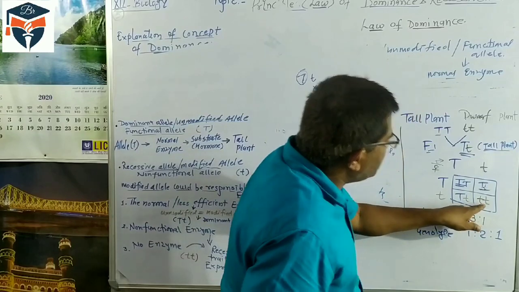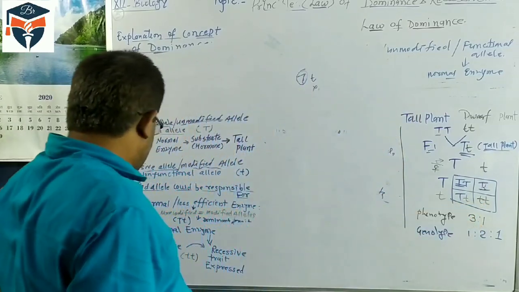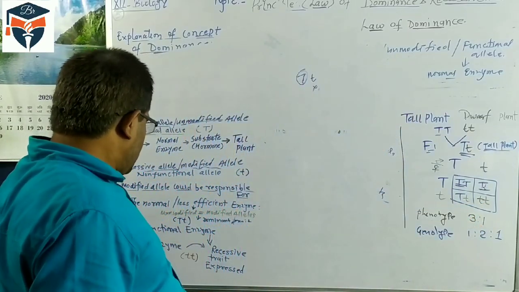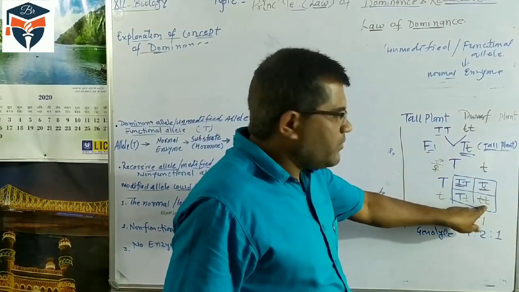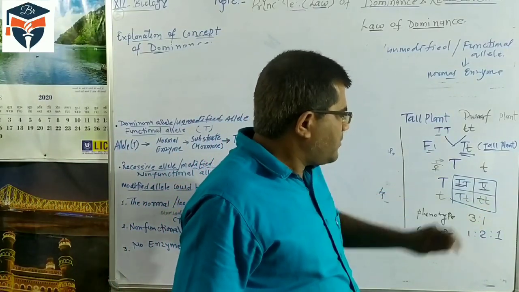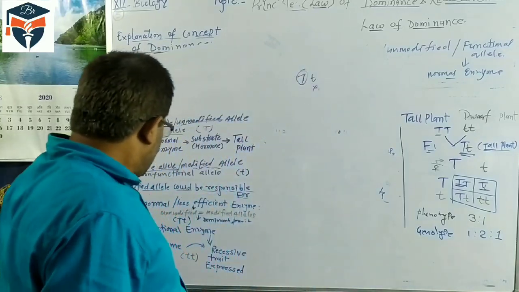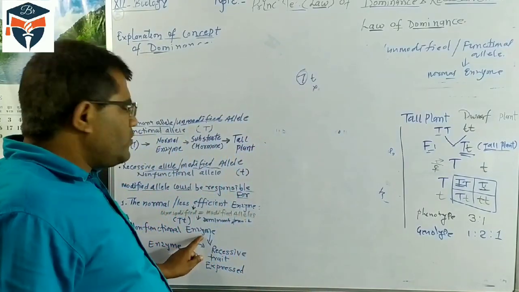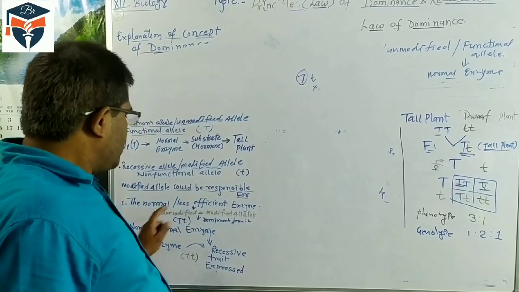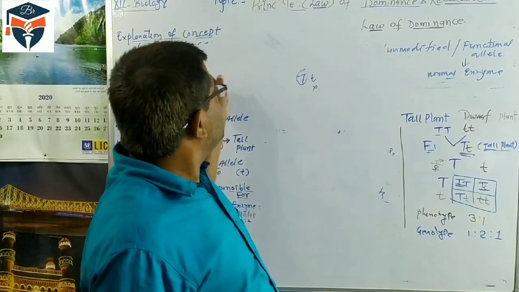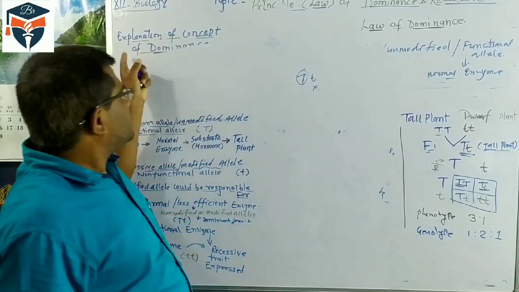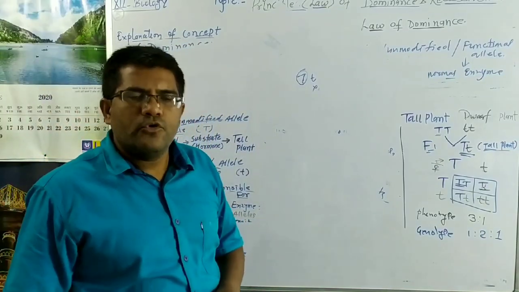But in the third case, where non-functional enzyme or no enzyme is present, the recessive trait will appear. The appearance of the recessive trait shows that no enzyme or a non-functional enzyme is synthesized. So this is the explanation of the concept of dominance. Thank you.